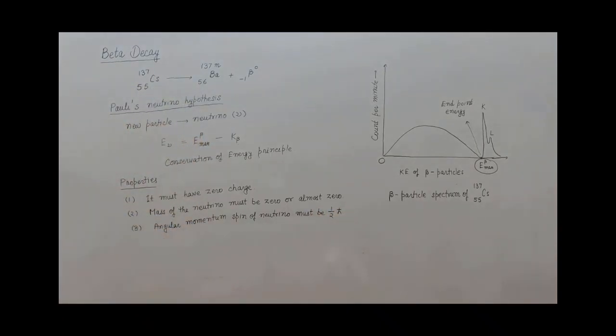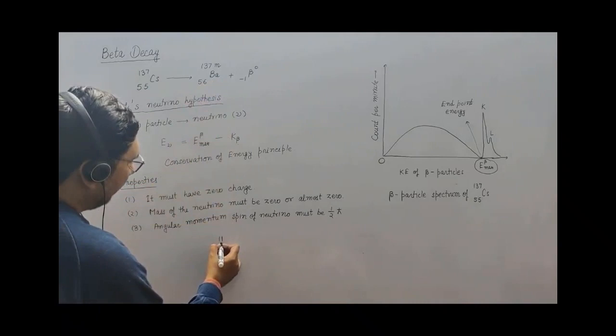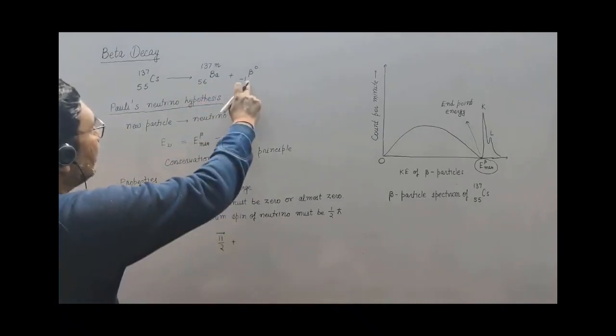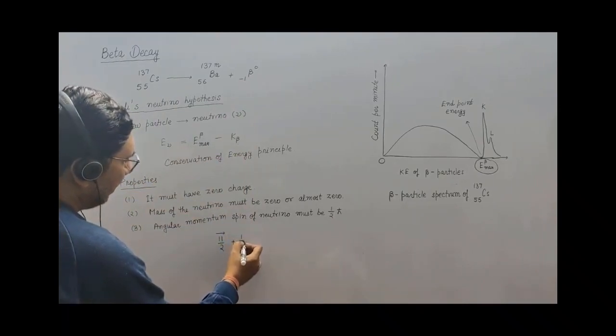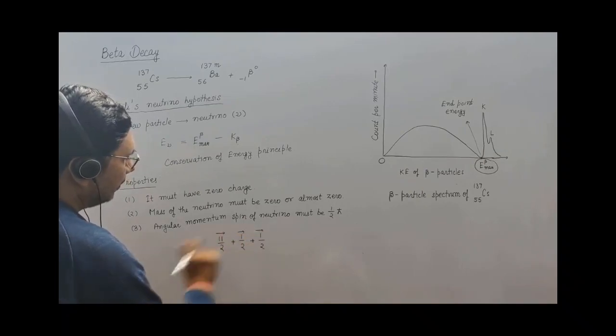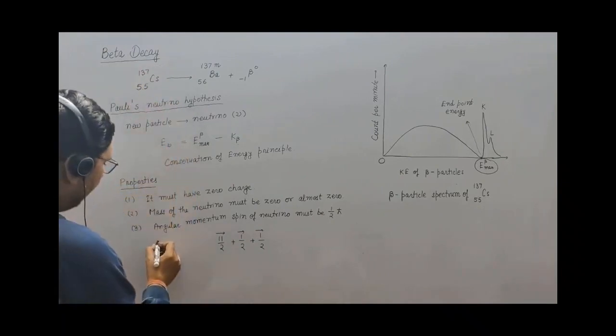So it must be a spin half particle. If this is carrying 11/2 spin on this side, plus this beta particle carrying half spin, and the neutrino is also emitted, then it will also have half spin. Now the spin of this is 7/2.